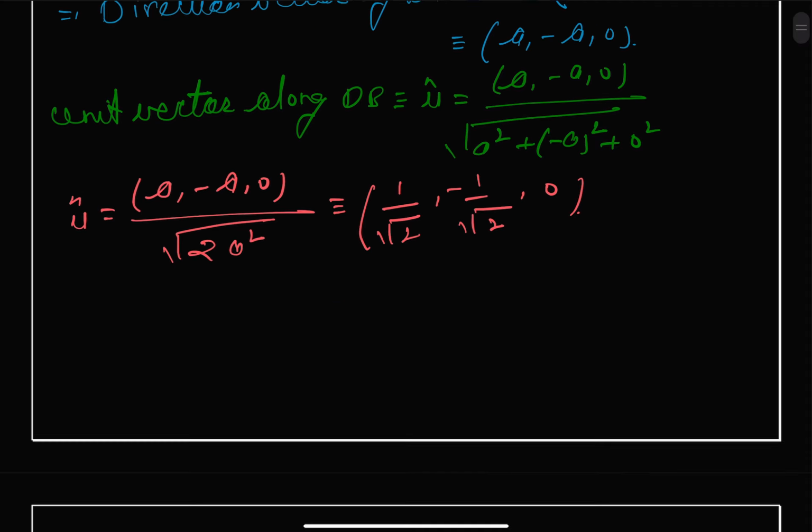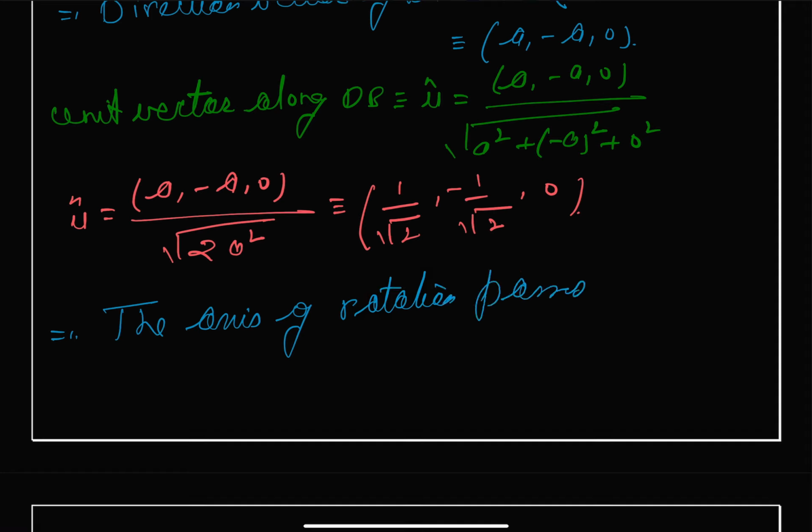And therefore the axis of rotation passes through the coordinate 0, 0, 0 and is parallel to unit vector u.